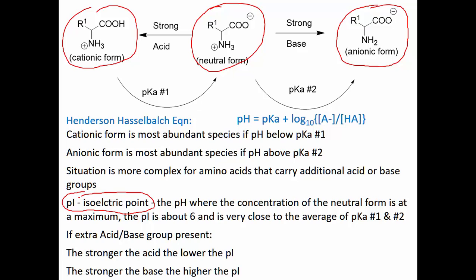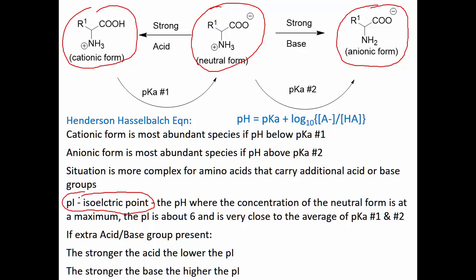And it's very close to the average of pKa number 1 and number 2. All right, if an extra acid or base group is present, here's the relationship. The stronger the extra acid, the lower the pI. And the stronger the extra base, the higher the pI.